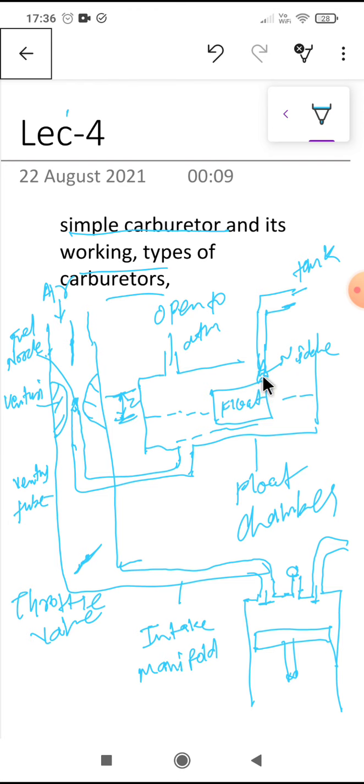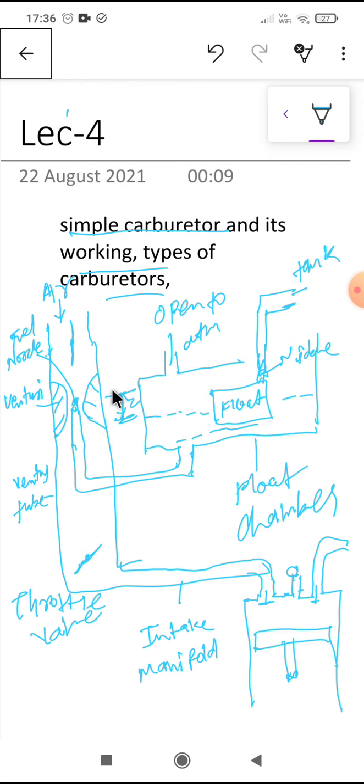This needle valve helps in opening and closing of this pipe from where the fuel is flowing. When the float chamber is full with fuel, the float will stop the supply of the fuel.